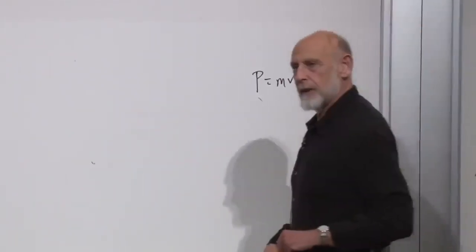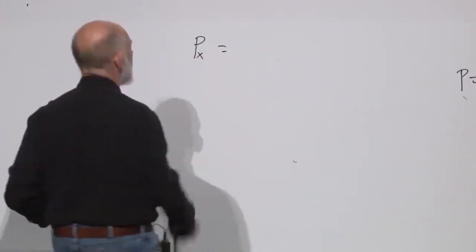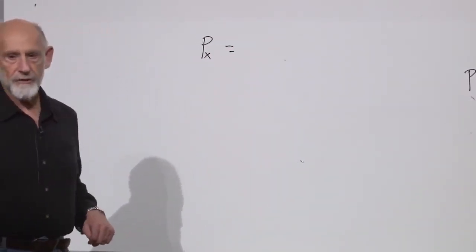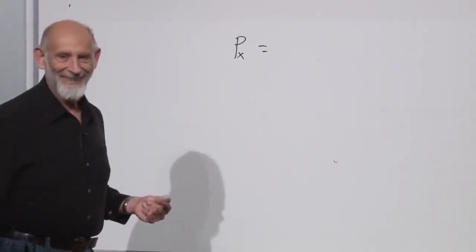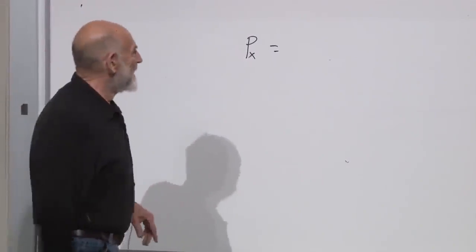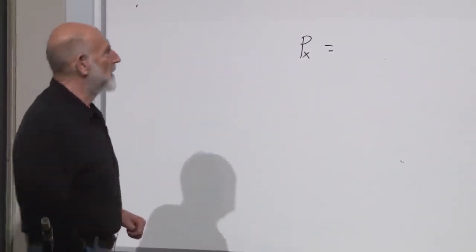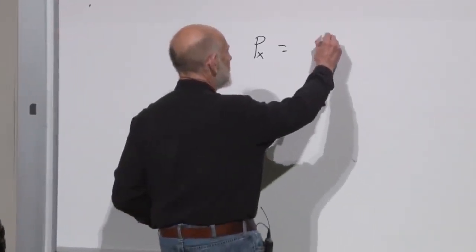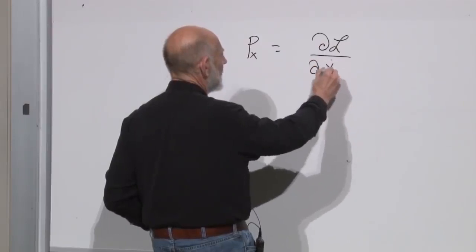Anybody remember the definition of momentum in terms of the Lagrangian? Was it partial L, partial q dot? Yeah. The derivative of the Lagrangian with respect to the component of velocity, with respect to x dot.